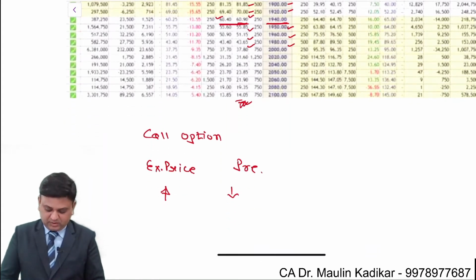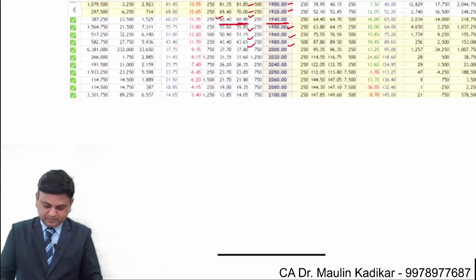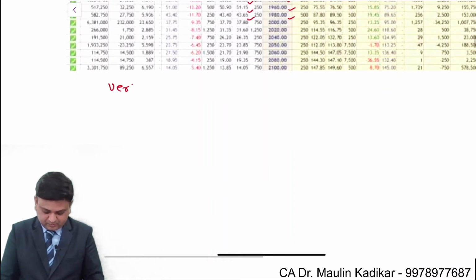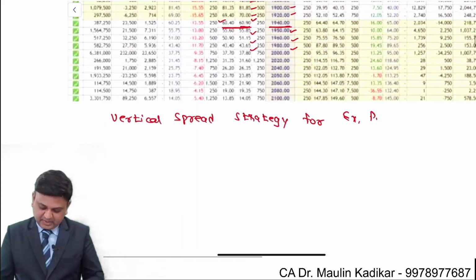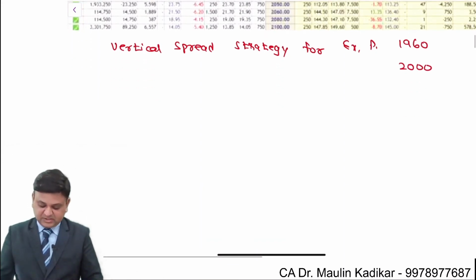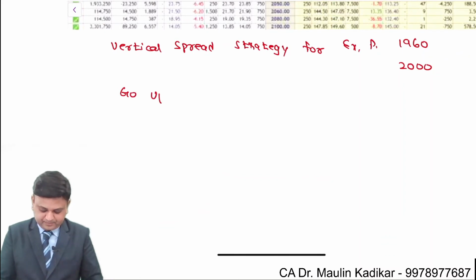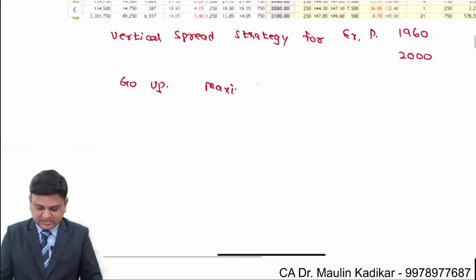I just want to know from you, if we adopt a vertical spread strategy for exercise prices, let us say 1960 and 2000, considering that the price of the security is likely to go up, then my question to all of you is, what is the maximum gain and what will be the maximum loss?